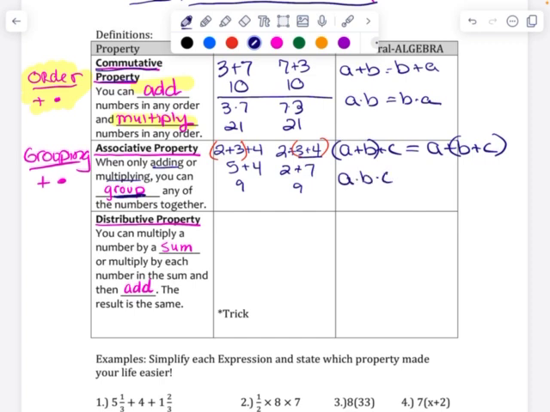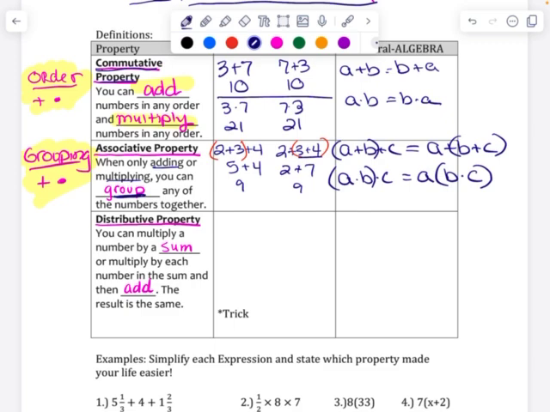A times B times C, but I'm going to group A and B together, equals A times B times C, and I group B times C together. Again, associative property works with grouping numbers with addition and multiplication.